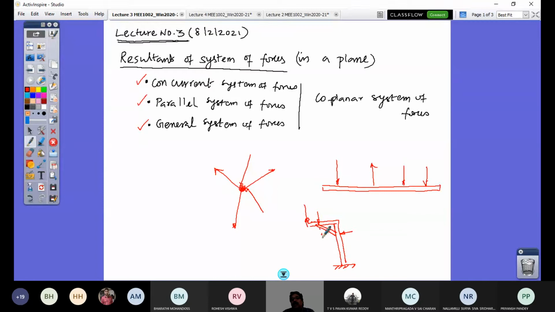If I extend the line of action of this force, these two are intersecting here. These two are concurrent, but this is not so. So this is what is called a general system of forces. This is case 3, general system of forces, this is case 2, the parallel system of forces, and this is case 1, as an example, a concurrent system of forces. So 1, 2, and 3.